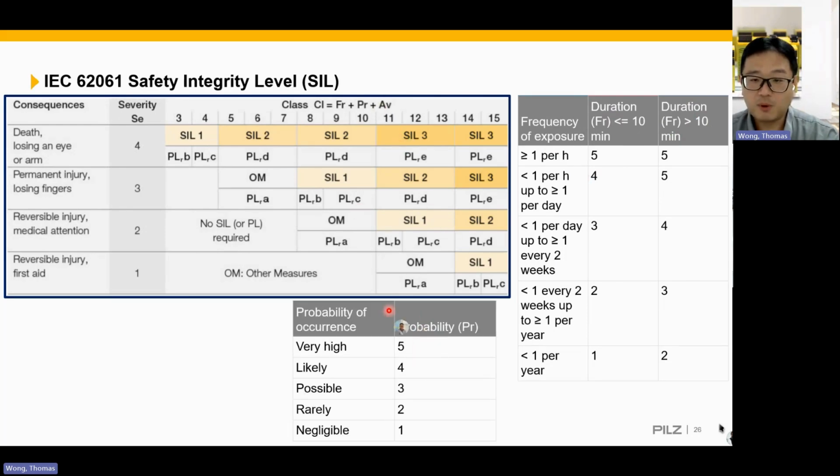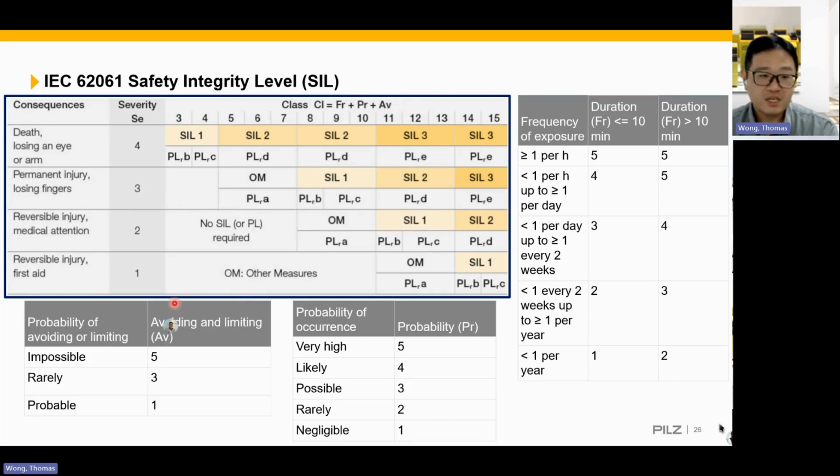What is PR? Probability of occurrence. It goes from very high to rarely or negligible. And lastly, look at AV. What's AV? Avoiding or limiting. So the probability of avoiding or limiting: is it impossible, rarely, or probable? These are the few ratings for this.